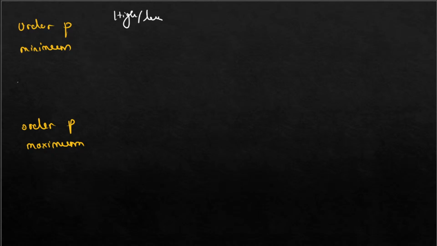Now here, order P minimum, order P maximum. So by height level: min node, max node, minimum block pointers, minimum number of keys.